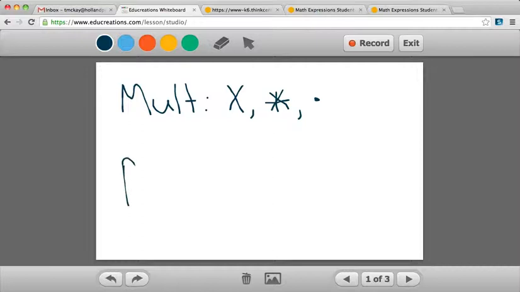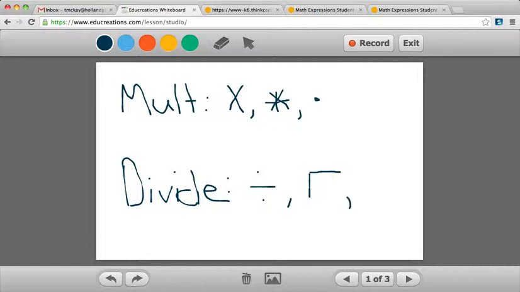When we talk about division, to divide, what are the symbols that we use to divide? There are four different ones that we've talked about here. I'm using my keypad here, so it's a little difficult to write, so I apologize for that. So the four symbols that we use for division are the traditional division symbol, which we see a lot. We use the bracket, which you can divide by.